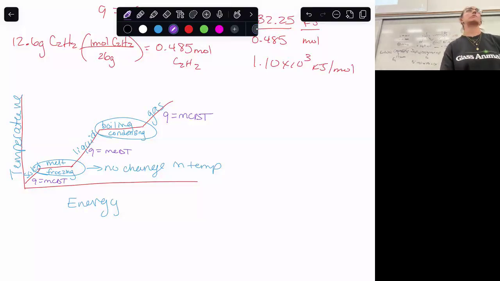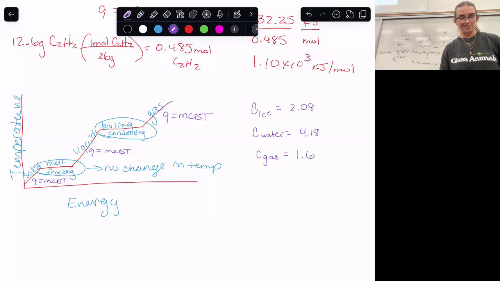I think C of ice is like 2.08, C of water is 4.18, and C of gas is like 1.6, something like that. I guess this is vapor. So you have solid, liquid, gas, and they all have various specific heats.